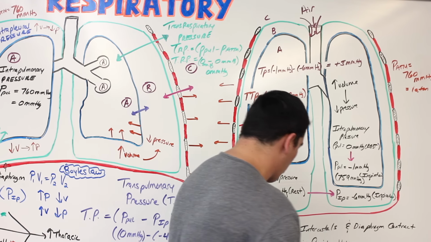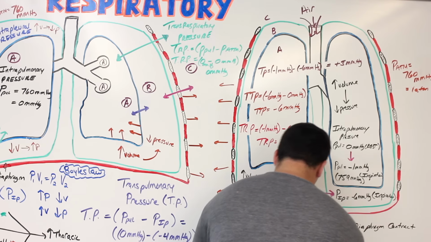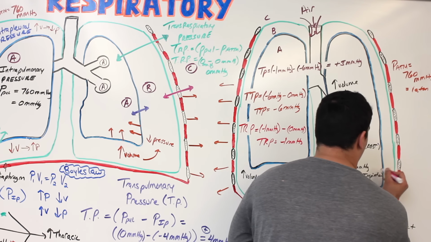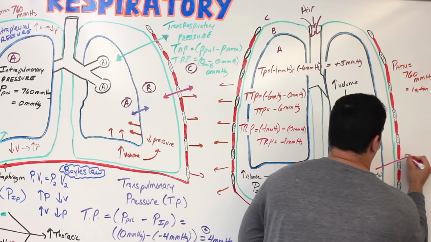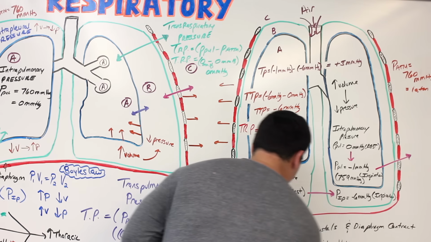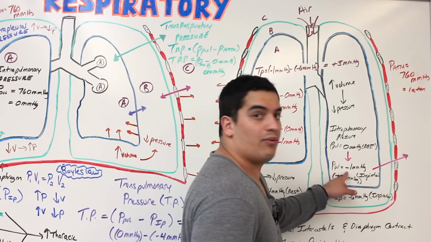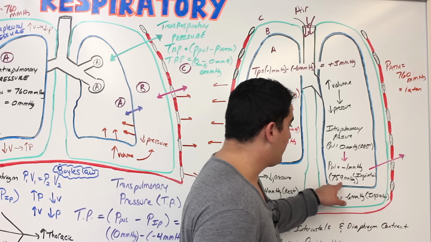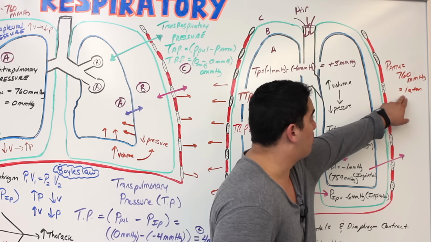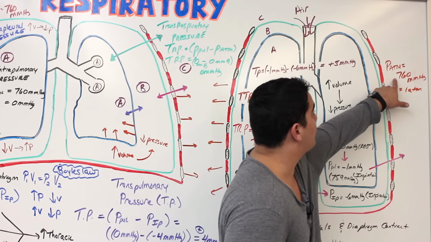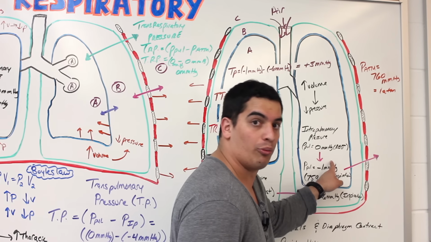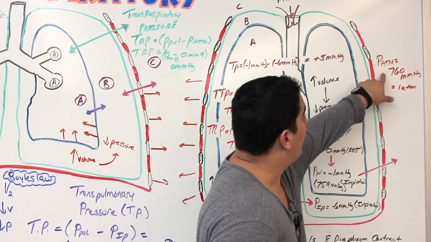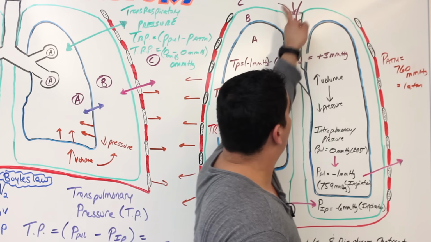So let me say this one more time here. Let me actually put it over here in pink afterwards to write this to make sure that we're clear. Let me explain it one more time before I write it down. This is -1, so it's 759 in here. It's a lower pressure. Out here is higher pressure. Things like to move from high pressure into areas of low pressure. As this air is flowing, it's flowing from areas of high pressure to low pressure.